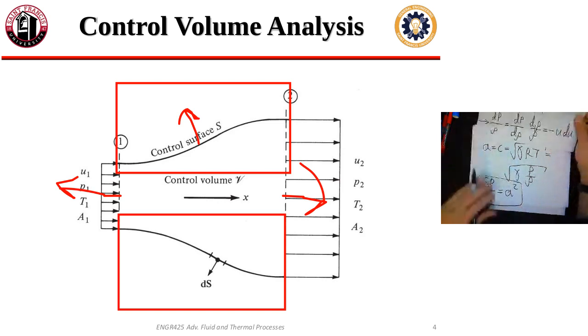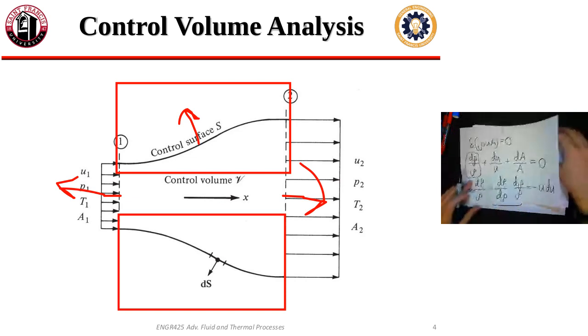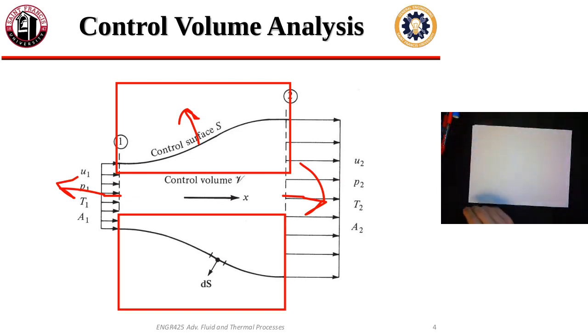So if I take that and shove it back into here, I can get something like that. And as a result of that, let me make sure that I'm doing this correctly.